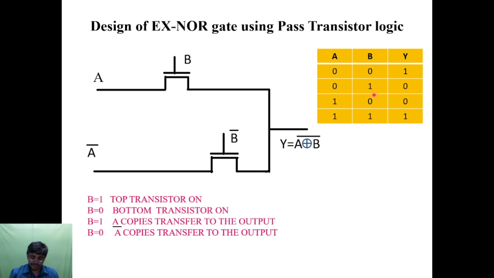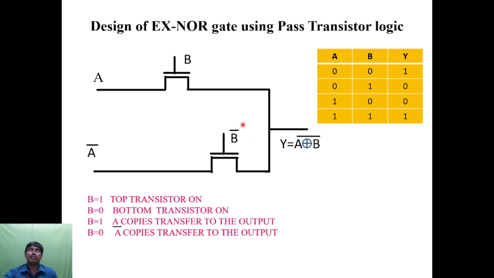So when the control input is low, whatever data input A is, it will be inverted. If it is low, the output will be high, and if high, the output will be low. In the first case, when control input is 0 and A is 0, the output is inverted to 1. In this case, control input is 0 and data input is 1, and the output is inverted.